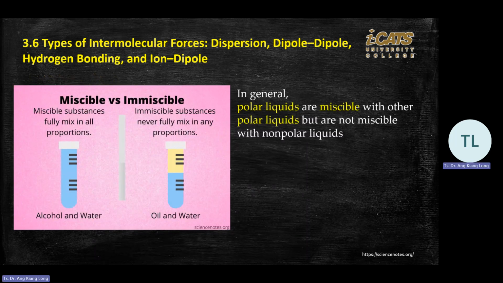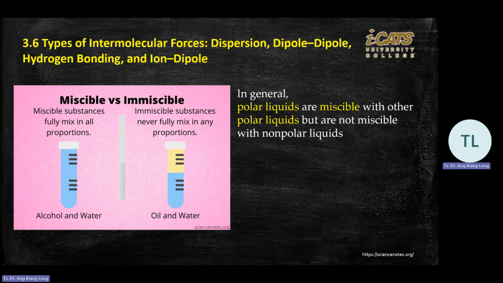In general, if the question asks you about the miscibility of two particular elements, element A plus element B, it asks whether they are able to mix. So for example, polar and polar, they're able to mix together.